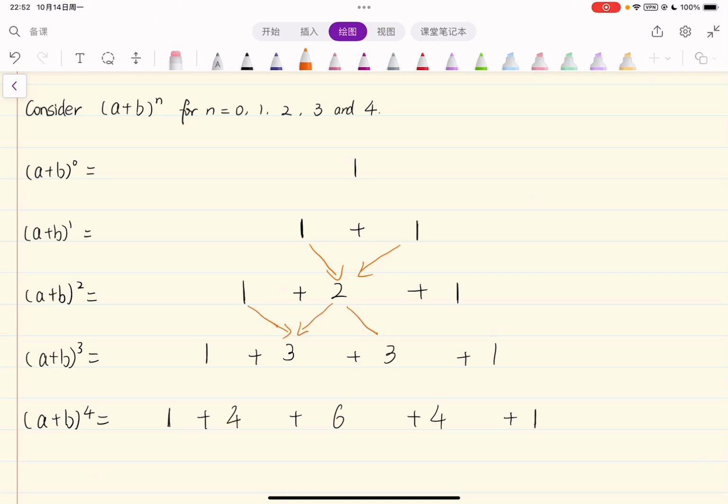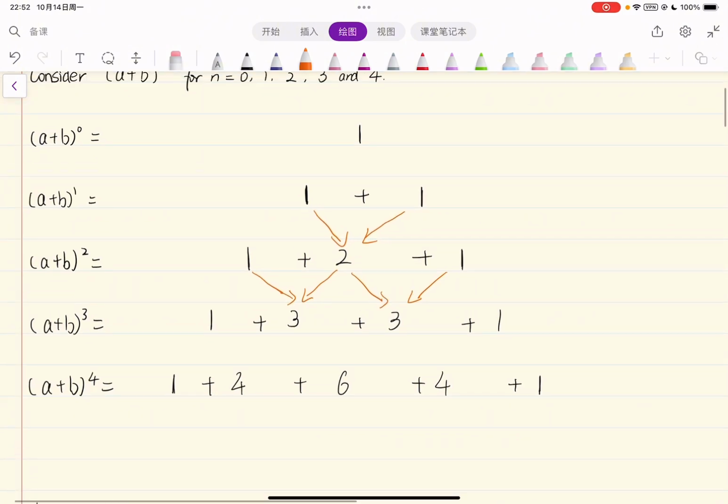And 2 plus 1 equals 3. And then for the next row, the 4 comes from 1 plus 3. And the 6 comes from 3 plus 3. And this 4 comes from 3 plus 1.